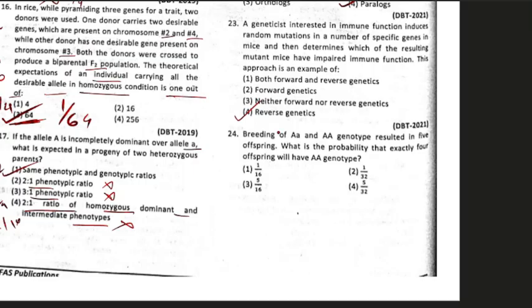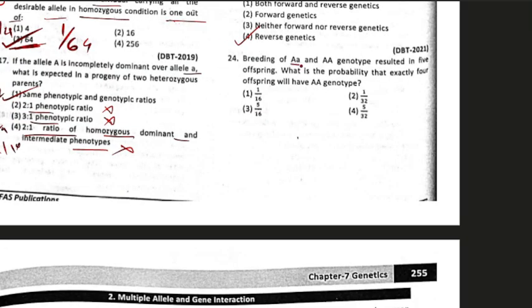Right. Next, breeding of capital A small a and capital A capital A resulted in 5 offspring. What is the probability that exactly 4 offspring will have capital A capital A? For this we have to use the binomial equation.